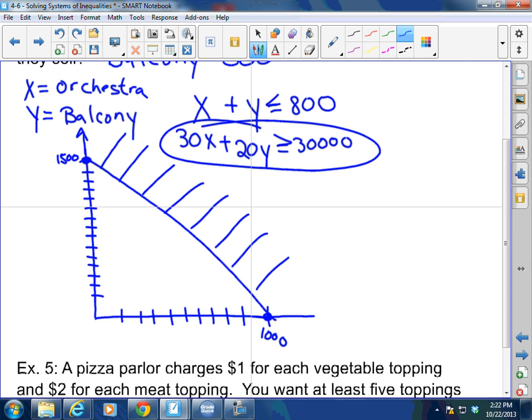Now, the next guy. I've got my y-intercept is 800, and my x-intercept is 800, correct? So 1, 2, 3, 4, 5, 6, 7, 800. Wait, what did I do wrong here? And this is 1, 2, 3, 4, 5, 6, 7, 800.